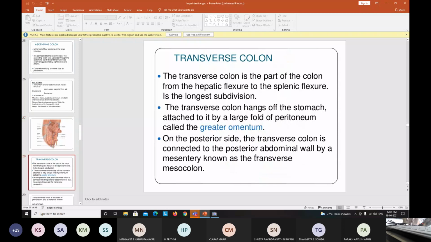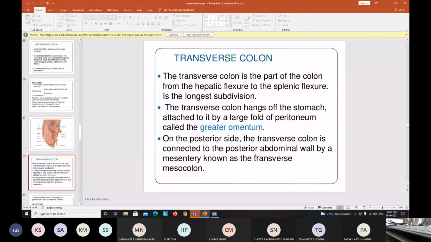Now the transverse colon. It is the part of the colon from the hepatic flexure to the splenic flexure, that means from the right colic flexure to the left. It is the longest. It is covered by the peritoneum called the greater omentum, which covers almost the whole transverse colon.